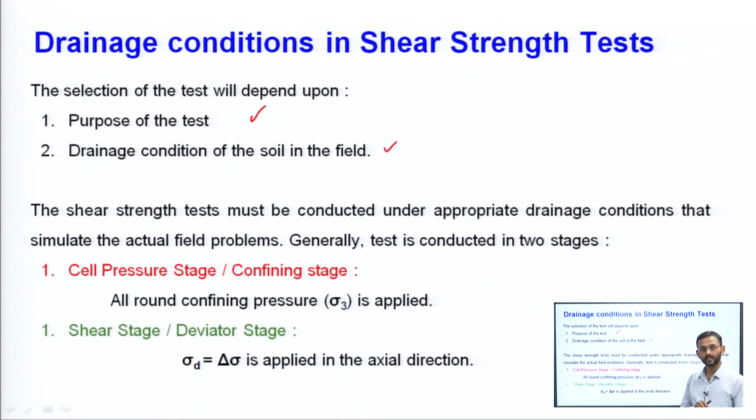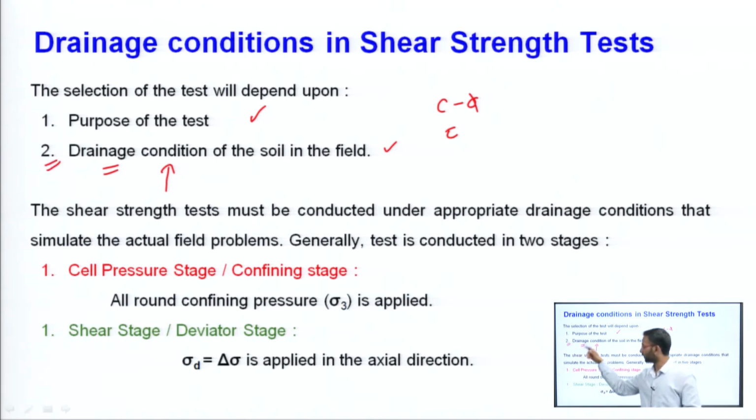If the drainage condition is not known, then it is not according to the field conditions, and in that case you cannot say that the soil is, let us say, a C-phi soil or simply a C soil, because a clay can also act as a sand when the drainage conditions are controlled. We will see it in the last portion today or in the next class. I will be discussing this point in great detail.